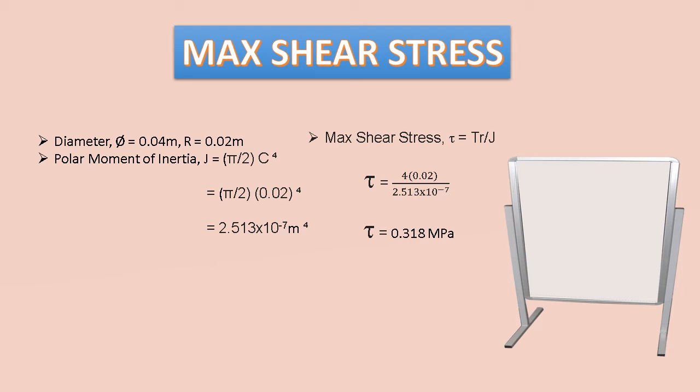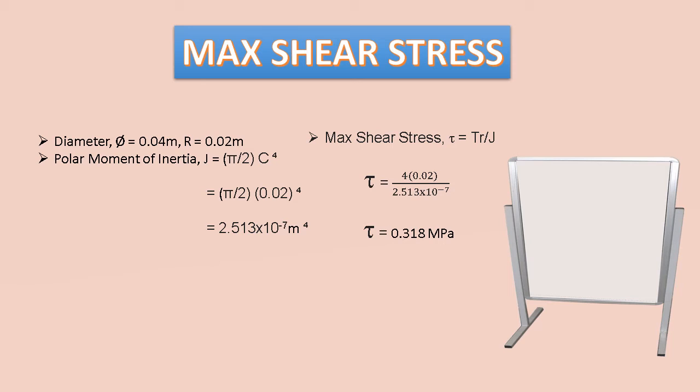For the polar moment, we use the formula J equals pi divided by 2 times c to the power of 4. After we substitute the value into the formula, we get pi divided by 2 times 0.02 to the power of 4, and the answer is 2.513 times 10 to the power of negative 7.